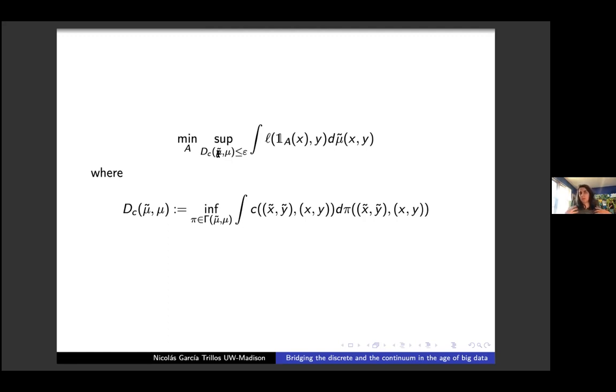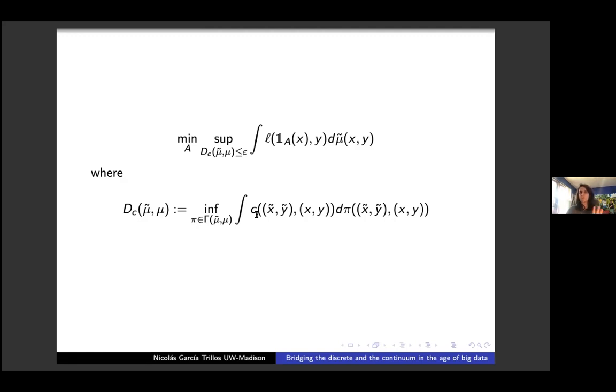Of course, the adversary, as before, has limited power. This new distribution mu tilde that the adversary can generate has to stay within distance epsilon of mu, and this distance is taken to be an optimal transport distance. So you choose a cost function. Here is where you model your adversary.